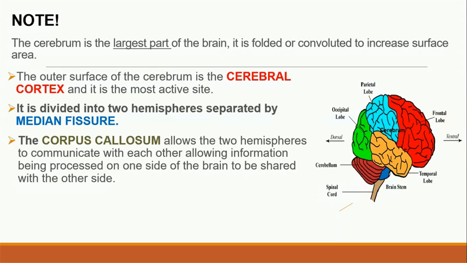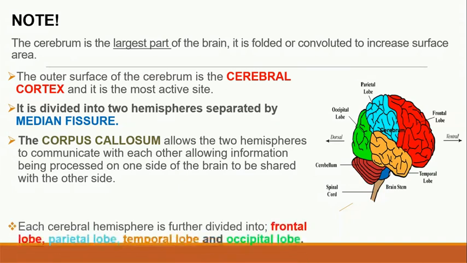So the cerebrum is divided into the left hemisphere and the right hemisphere. These are separated by the medial fissure. Now the corpus callosum allows the two hemispheres to communicate with each other, allowing information being processed by one side of the brain to be shared with the other side.